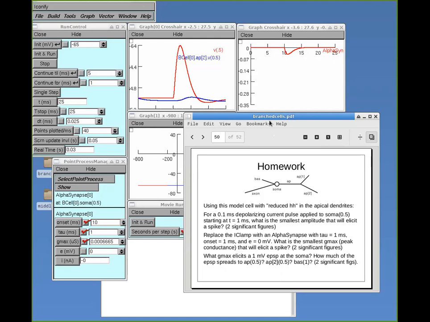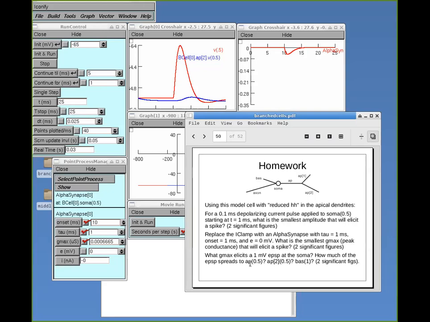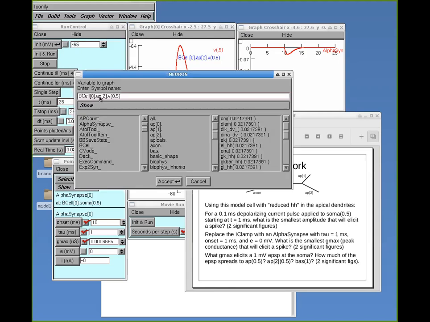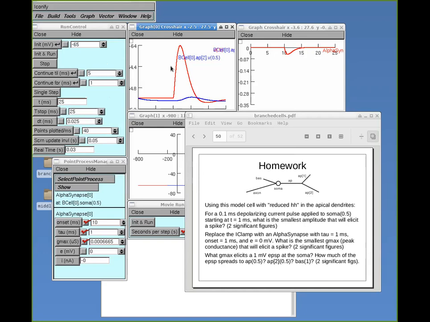So we wanted to measure at the midpoint of apical 0 and of apical 2. We already have the midpoint of apical 2 here. We can add with plot what? The midpoint of apical 0. Apical 0. Okay, and I can move that text.